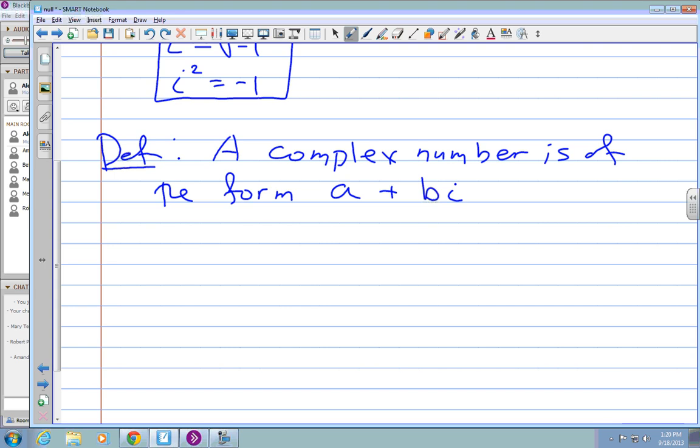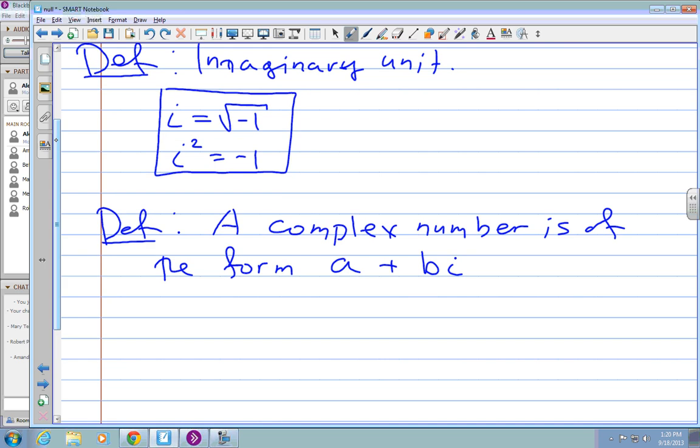Scroll up. So that's the definition of a complex number. a plus bi. a and b are both real numbers, so I'm going to write it like this: a, b belong to the set of real numbers. Remember that fancy notation? So a is a real number, b is a real number, i is our imaginary unit.